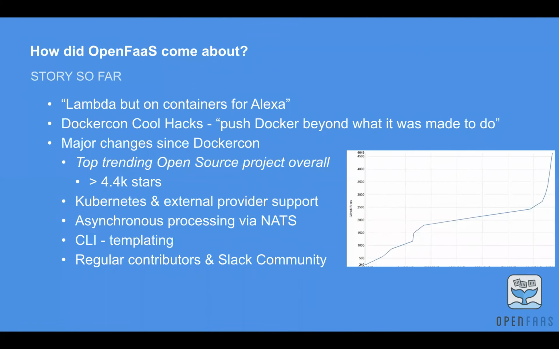It's gained over 4.4 thousand GitHub stars. We have Kubernetes support now. And as I say, any external provider, and that could be something like Hyper.sh or even Azure ACI, as long as you can conform to the RESTful API, you can provide that and reuse FaaS and everything else.